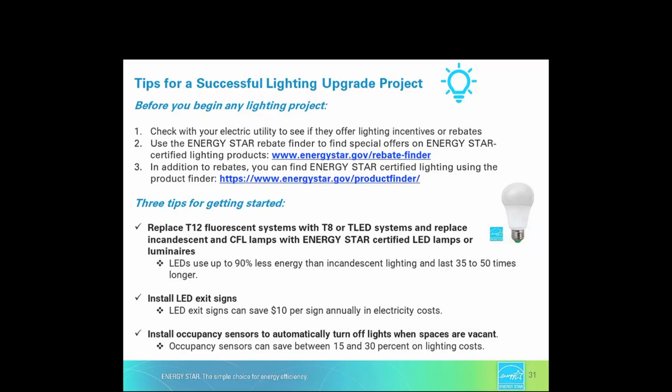And then finally, another option is to install occupancy sensors to automatically turn off lights when no one is present and then turn them back on when people return. Occupancy sensors can save between 15 and 30% on lighting costs. You can start with low occupancy areas of your building, like conference rooms, storage closets, those kinds of things.